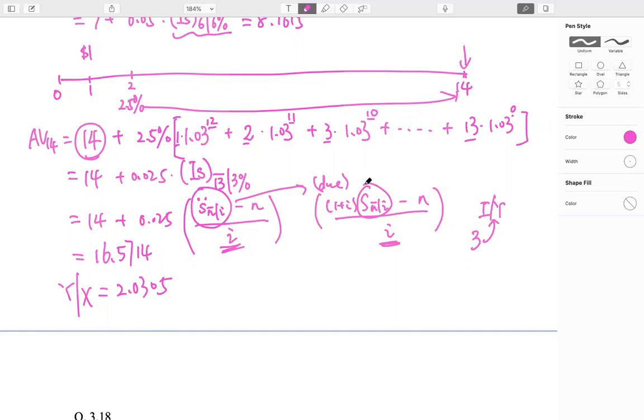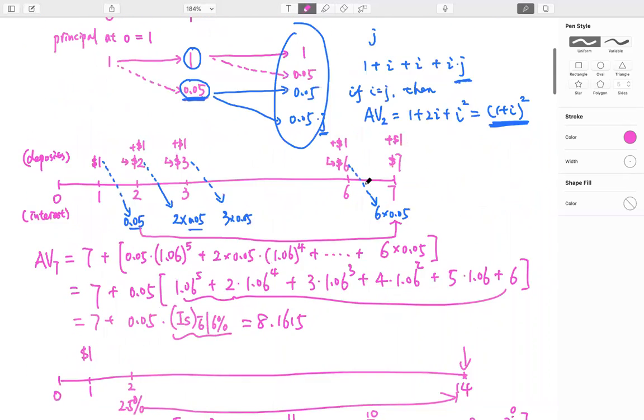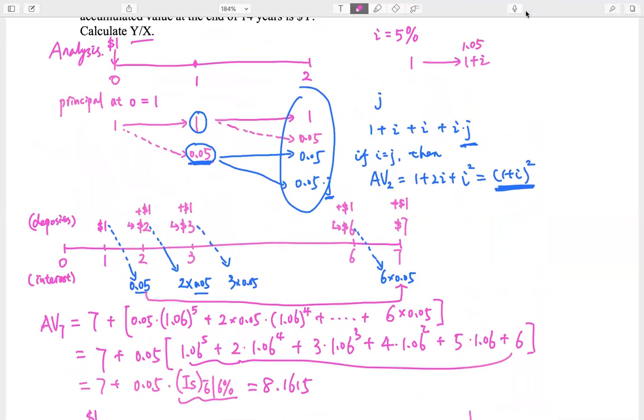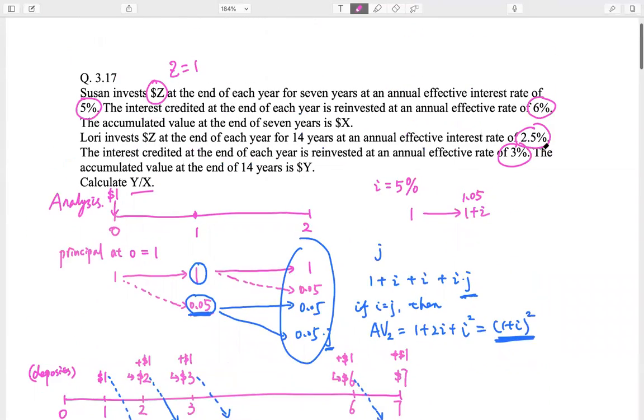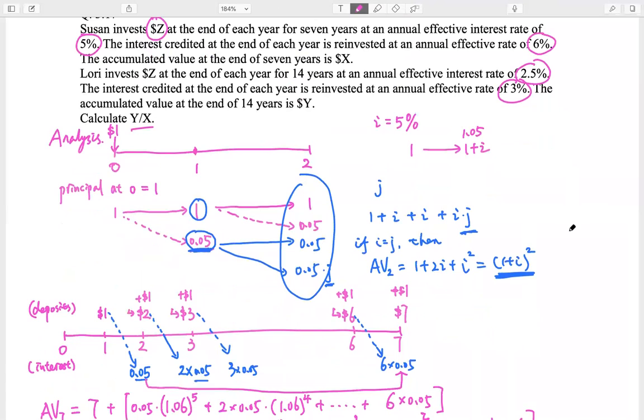Okay, this question is rather complicated, and I don't think I will test you something this difficult. But the idea, I think you should know, because this is a complete analysis of how principal and interest each grow over time, right?